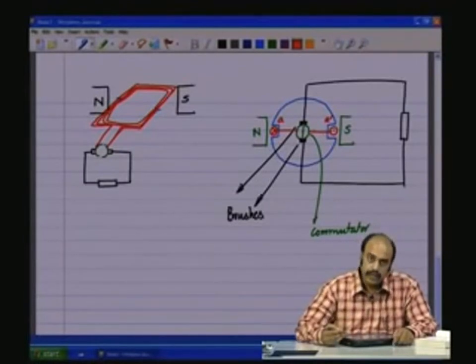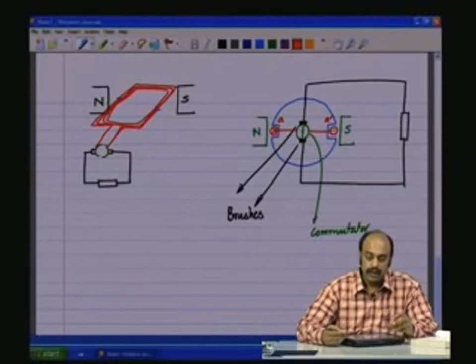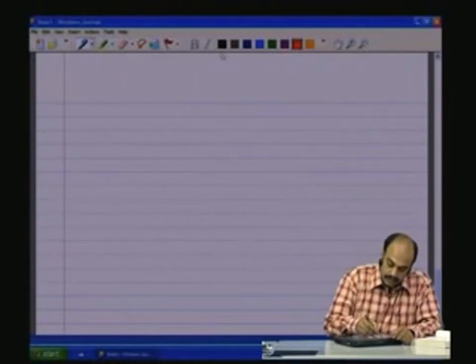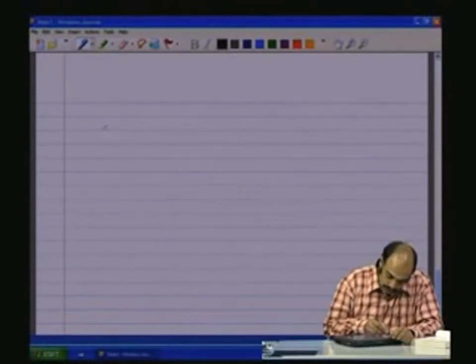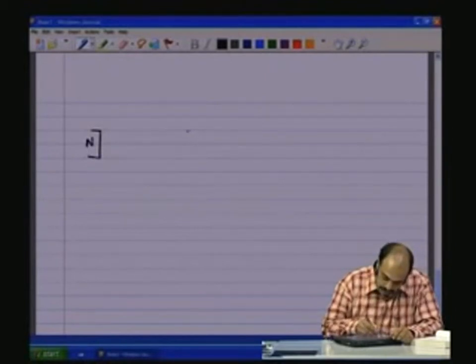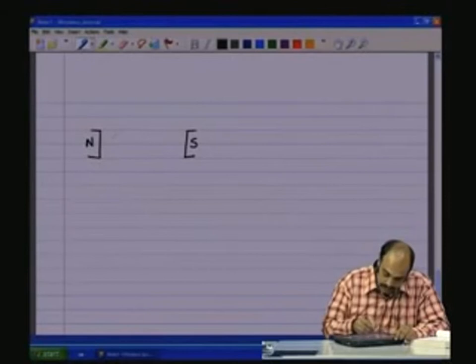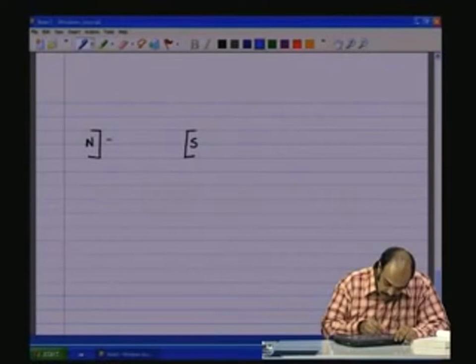Now, let us have a look at the machine which is having 4 coils. So, let us have, as usual, the north pole and the south pole. Let us have a core with 4 slots.